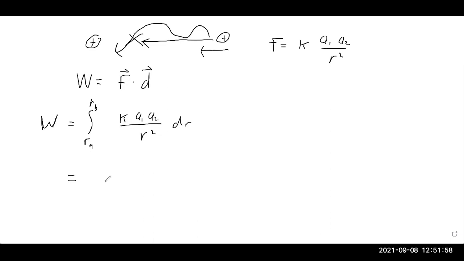So what we end up getting is Q1, Q2, and a difference of our radii. So we get minus.